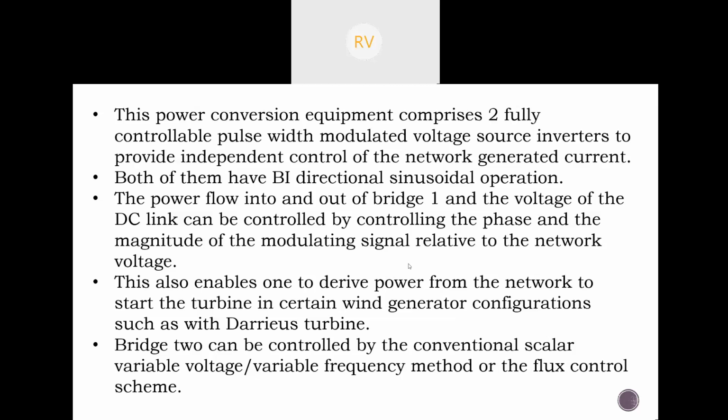The Darrieus turbine is not self-starting. In order to start it, we need an extra starting push of the machine, and that starting push can be derived from the network when we use this type of configuration. Bridge 2 can be controlled by the conventional scalar variable voltage variable frequency method or the flux control scheme.